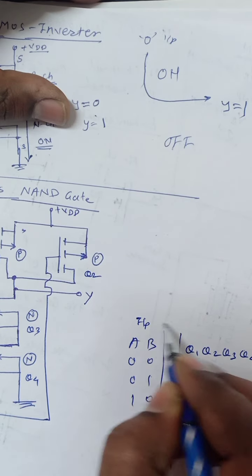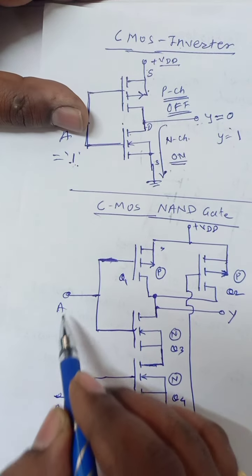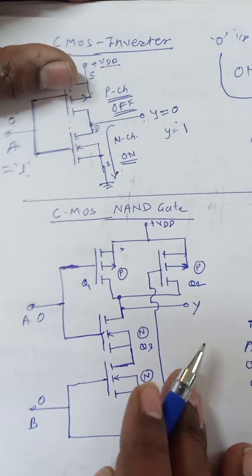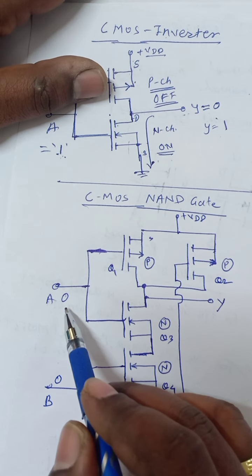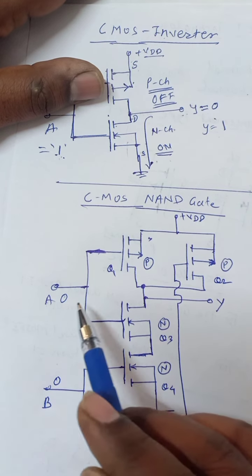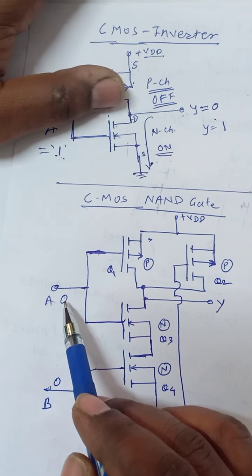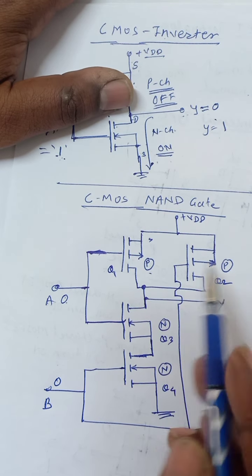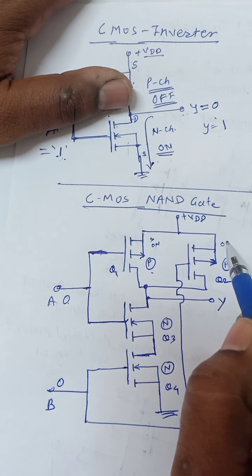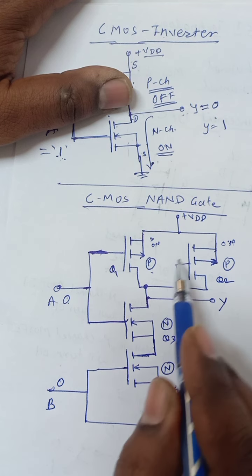So for input and output, if both are 0 0, then 0 will turn on the P. Low voltage will turn on P. So this transistor will turn on, and this transistor also turns on, because this 0 is connected here and this 0 is connected here.